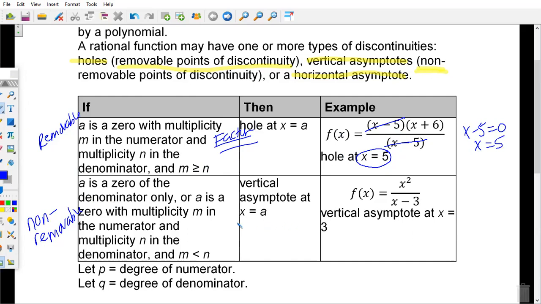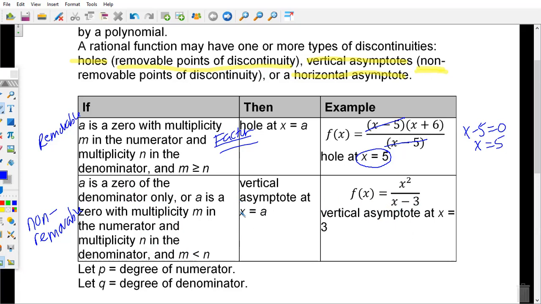Our non-removable happens only if in our denominator we still have a factor, or a polynomial, that can be set equal to 0.